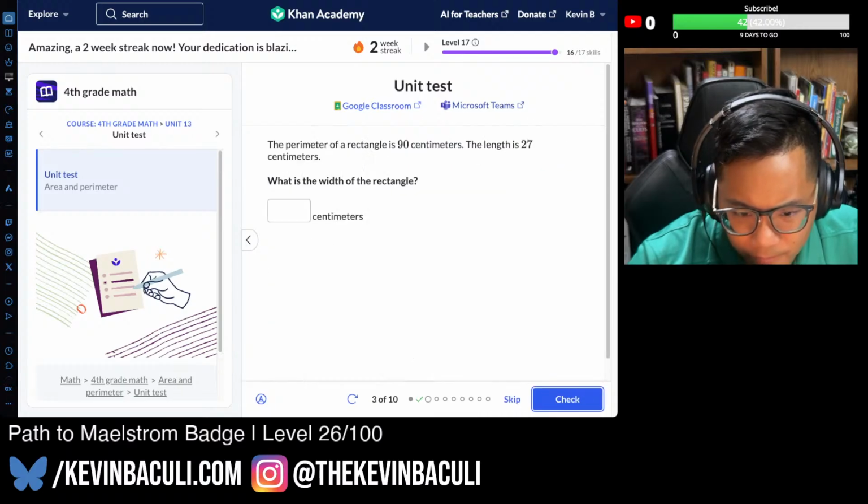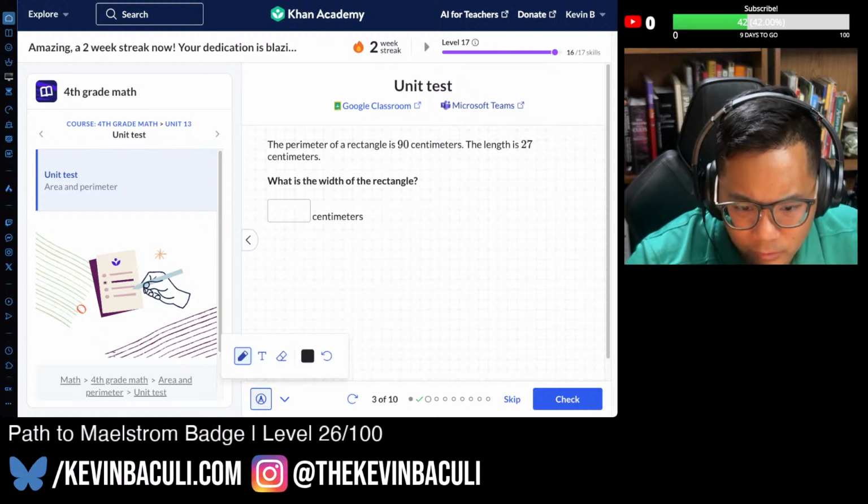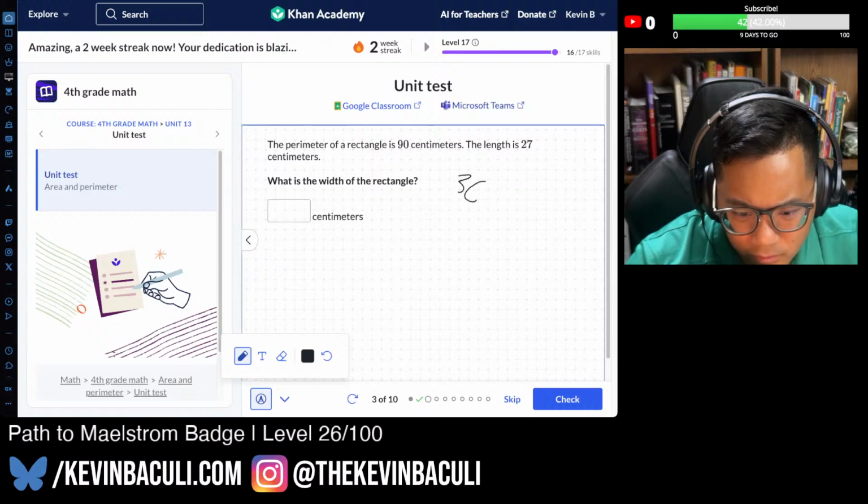Area. The perimeter. Minus 54. That's 36. 18.